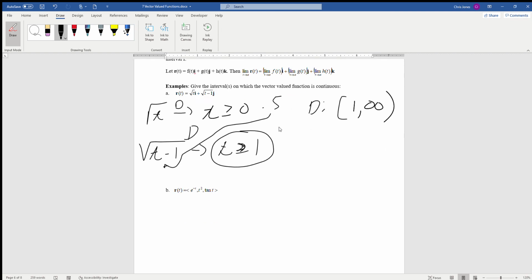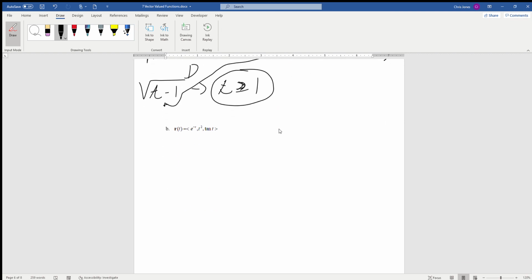Down here, we have 3 functions. We have e to the minus t, we have t squared, and then unfortunately we have this tangent of t. And that's going to be the one that we're not going to like too much. The domain of e to anything, as long as it's a polynomial, is going to be all real numbers.